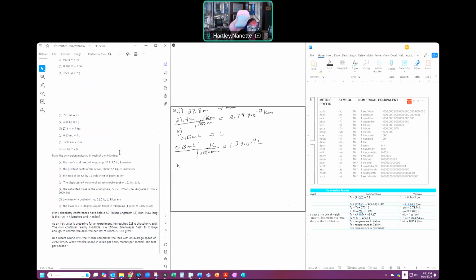That brings us to H. 1738 kilometers to meters. So 1738 kilometers. 1 km is 1,000 meters. 1738 times 1,000 should be 1738.